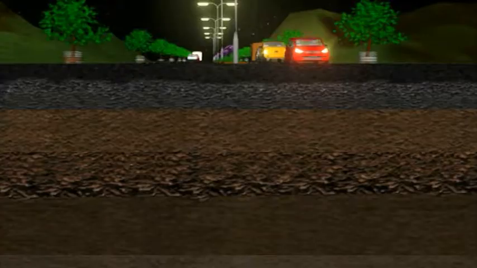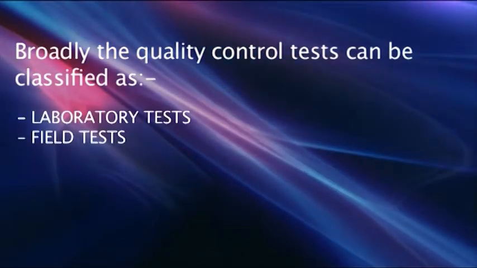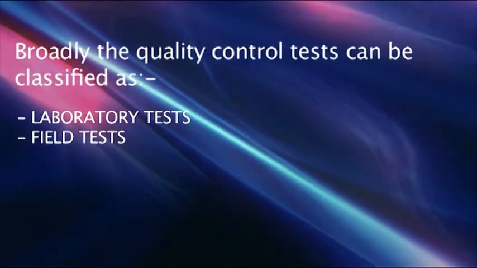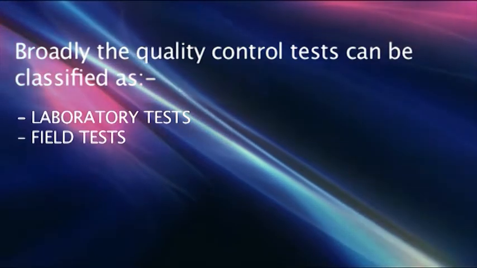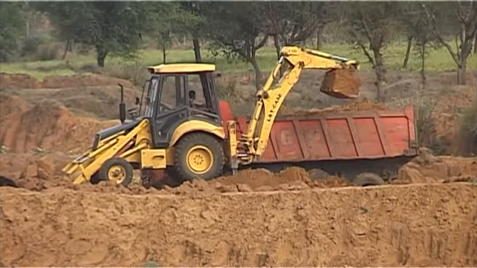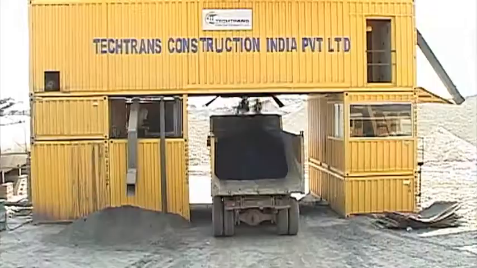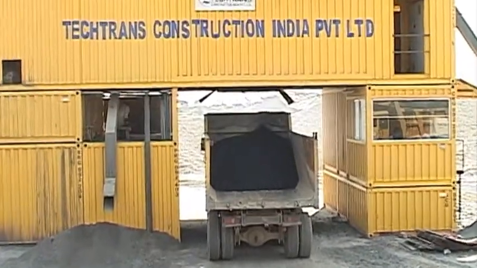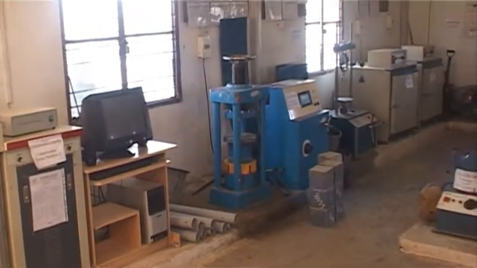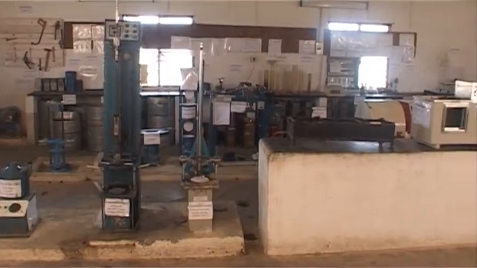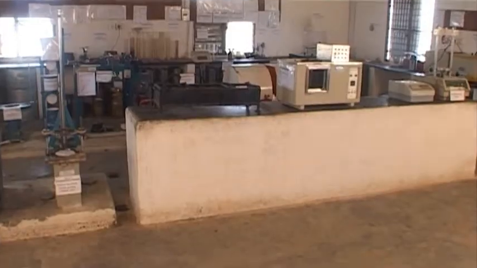with appropriate standards. Broadly, the quality control tests can be classified as laboratory tests and field tests. Laboratory tests. All raw materials used for construction are strictly in accordance with the requirements of prescribed specifications, and therefore field laboratories are made available at various locations depending upon length of stretch.